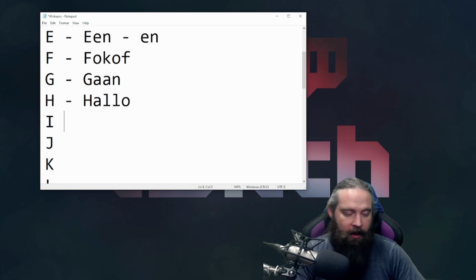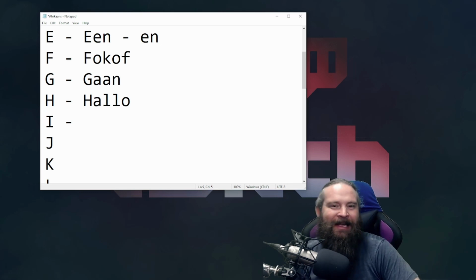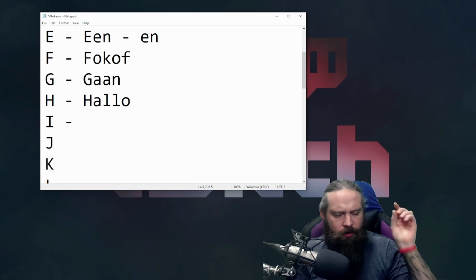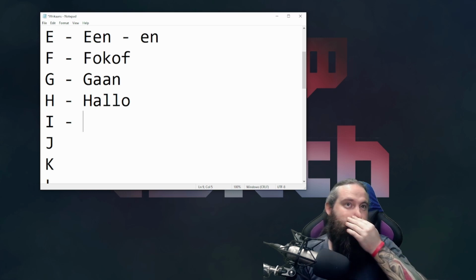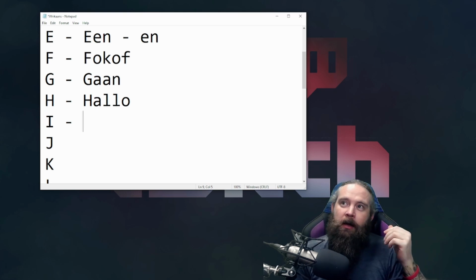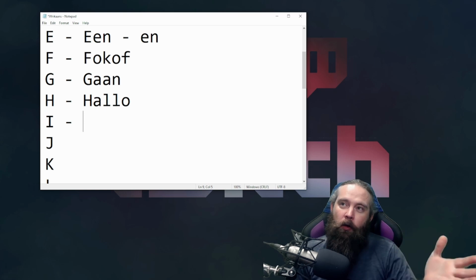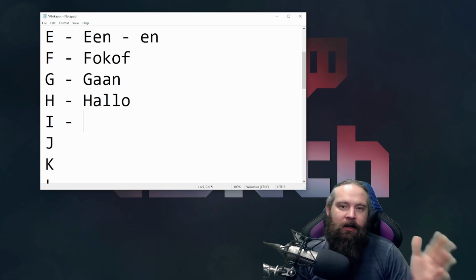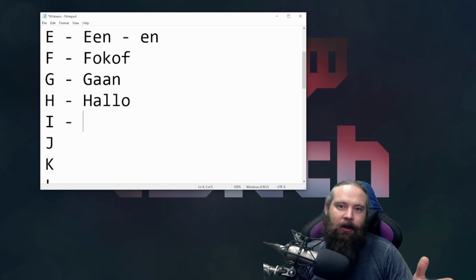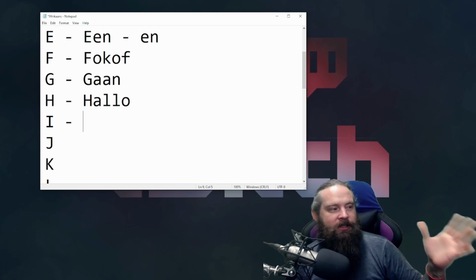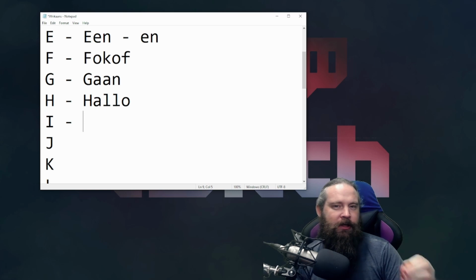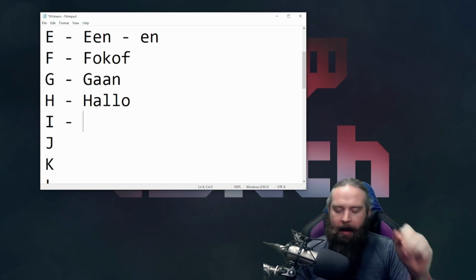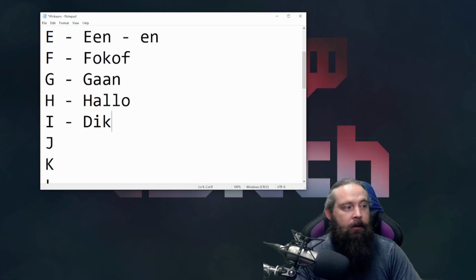And then next up we get to I. I is E, a shortened E sound. In normal words, the sound it makes in a sentence or in a word is usually like "duck".